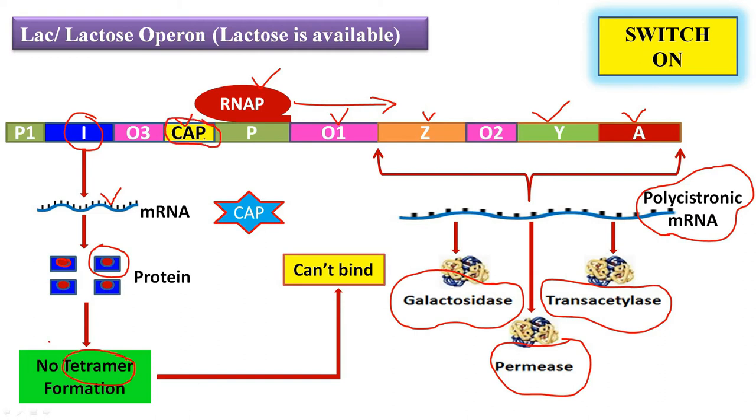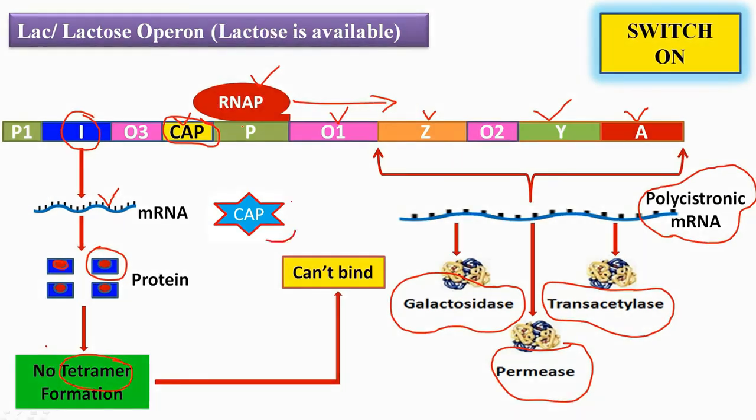Why is it so important? If CAP is not present, then the RNA polymerase enzyme, which is necessary for transcription, cannot bind to this promoter efficiently. However, this CAP alone cannot bind to this CAP binding site.